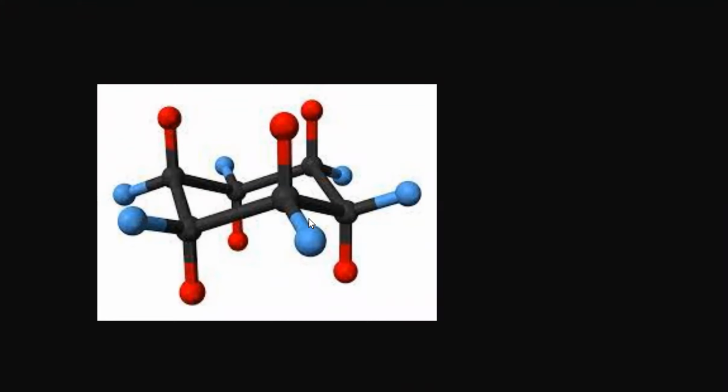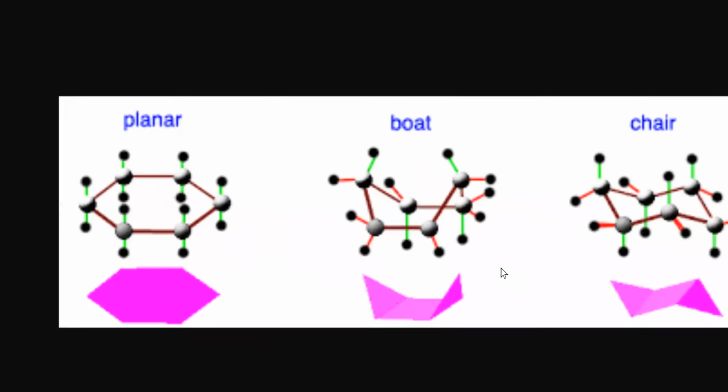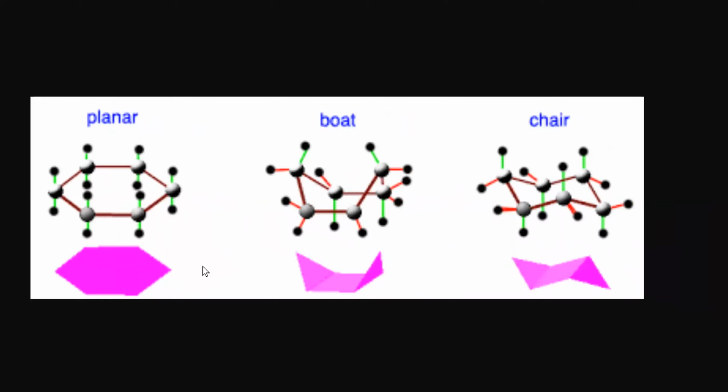So it's a 3-dimensional hexagon, not a 2-dimensional hexagon. It would have been planar if all the carbon atoms were completely flat. But every carbon atom is tetrahedral, so some of them would be upwards, some of them downwards. So it's eventually going to be a 3-dimensional shape.